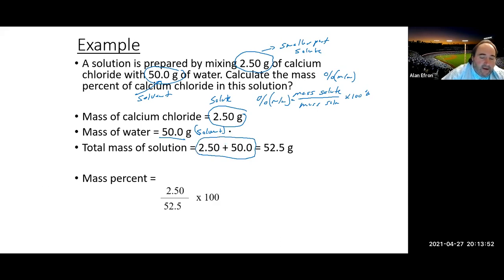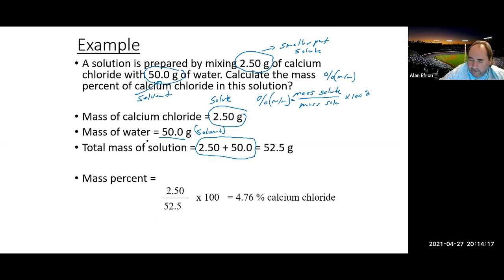If we do that, we would take 2.5, which is our solute mass, divided by 52.5, which is our solution mass. Again, that contains both the solute and the solvent together. Times 100 gives us 4.76% mass solution of calcium chloride.